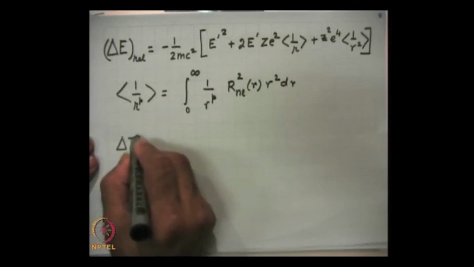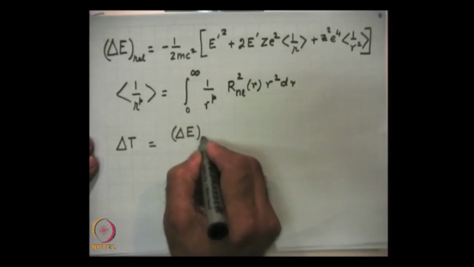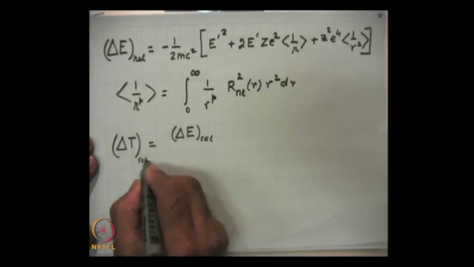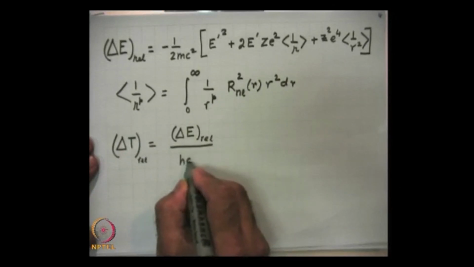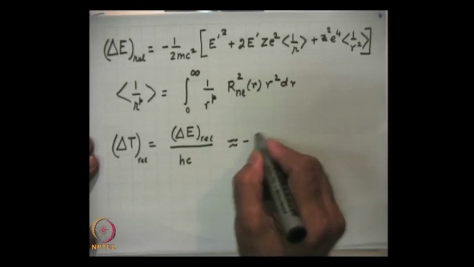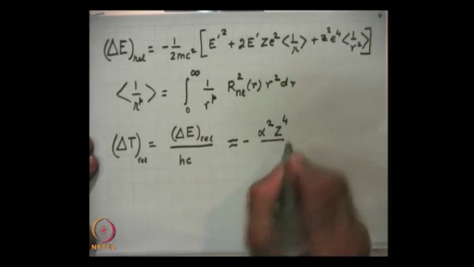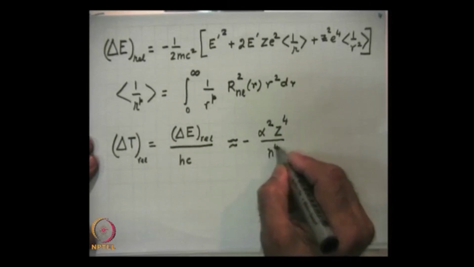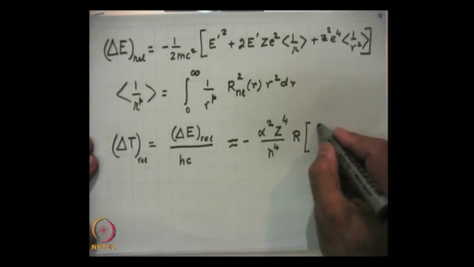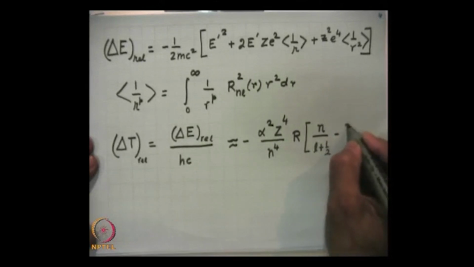So, in wave number units, delta T will be equal to delta E relativistic, the relativistic expression of the change in the energy, divided by hc. Delta T is in wave number units, and if you do that, you will find that this is equal to minus alpha square Z 4 by n to the power of 4 multiplied by R, the Rydberg constant, and multiplied by n divided by L plus half minus 3 by 4.